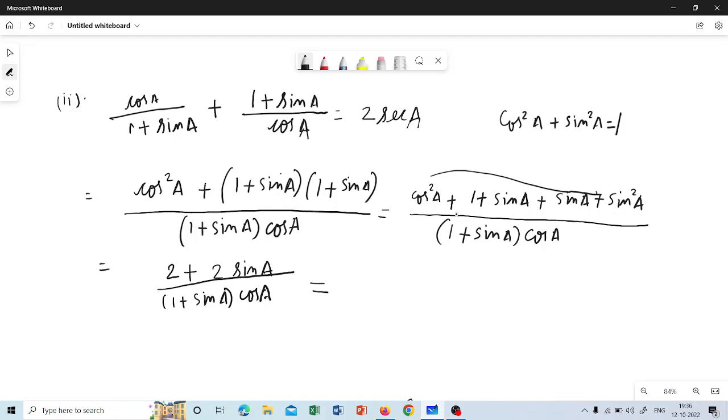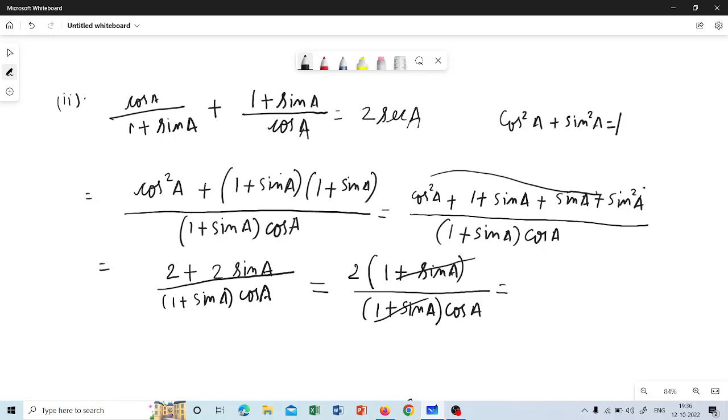So this is the identity. Now I am going to take 2 common in the numerator. If I take 2 common, then it will be 1 plus sine A, because you can check it: if I multiply, you will get 2 into 1 is 2 and then 2 sine A. Now the denominator is already 1 plus sine A into cos A. So now these both terms are same, so I can cancel it.